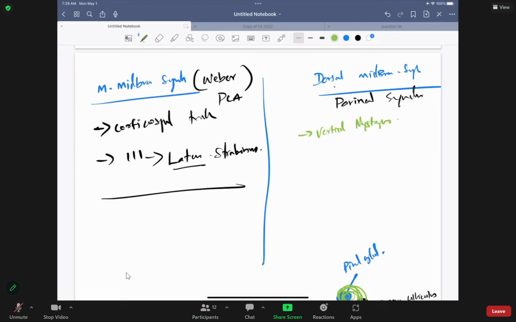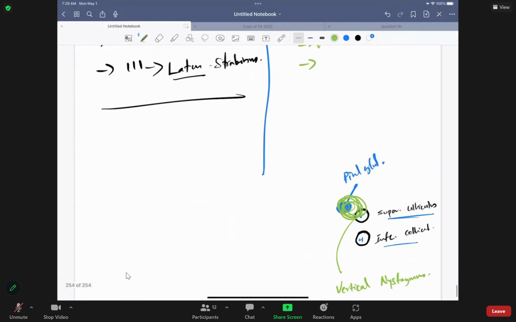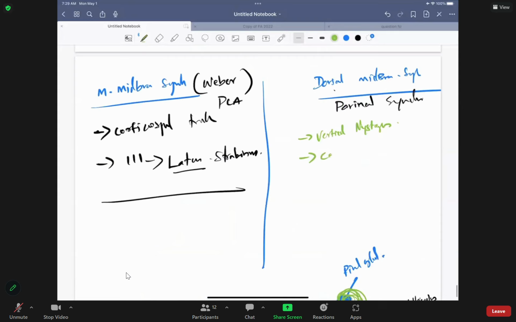Vertical nystagmus. The next symptom: they also compress the cerebral aqueduct. What will be the diagnosis? If you compress the cerebral aqueduct, Mallory, what's the diagnosis?